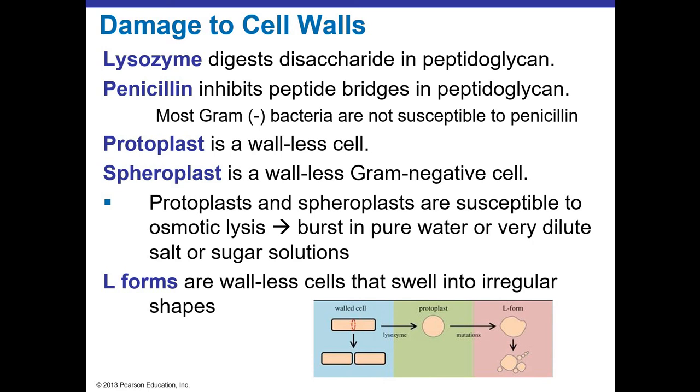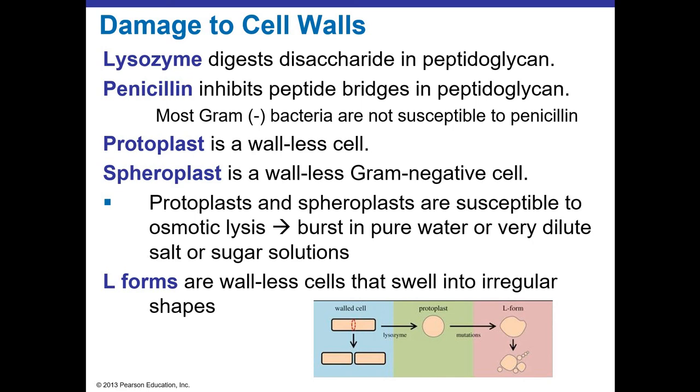We also like to play around with cell walls, so we can make a wall-less cell, and if we treat with something like lysozyme, we can turn that cell into a protoplast. If you don't have the cell wall, you don't have the characteristic feature of what the morphology looks like, and so the cell doesn't replicate normally. A spheroplast is a wall-less gram-negative cell, but both protoplasts and spheroplasts are very susceptible to osmotic lysis without that cell wall present.